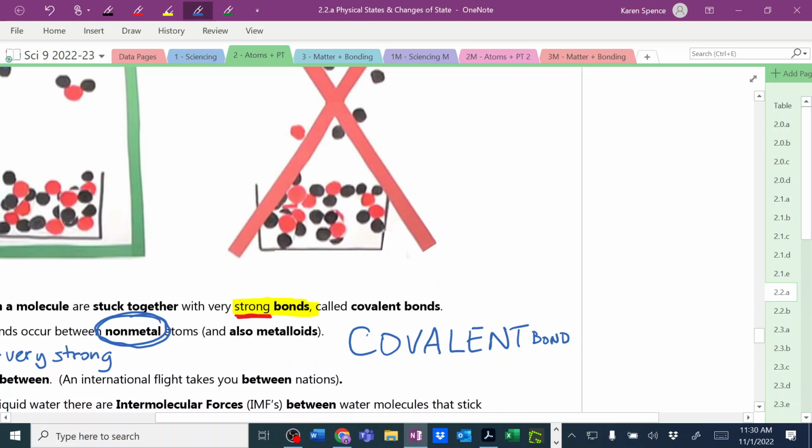There's a third type of bond that happens between a metal and a non-metal, and that's called an ionic bond. You know how you have sodium and chloride? That's our metal. And we have our chloride. That's a non-metal. And that's an ion, and that's an ion. And guess what the bond between them is called? It's called an ionic bond, okay?